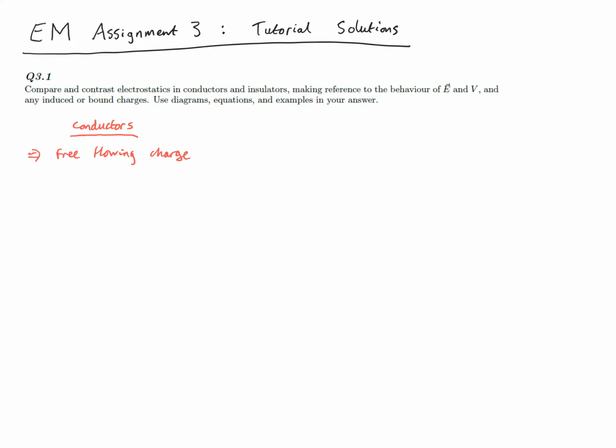And that free-flowing charge responds to external electric fields. So if I put the metal in an external electric field, then due to the electric part of the Lorentz force, the electrons will feel a force in the direction of the electric field, and they'll move in response to the electric field.